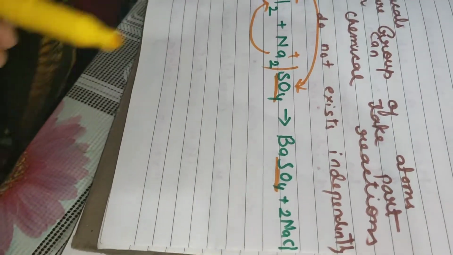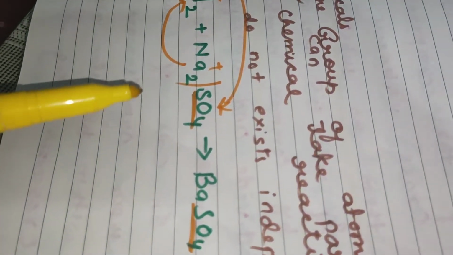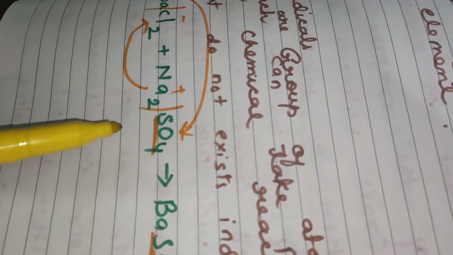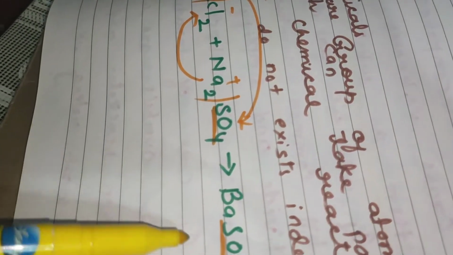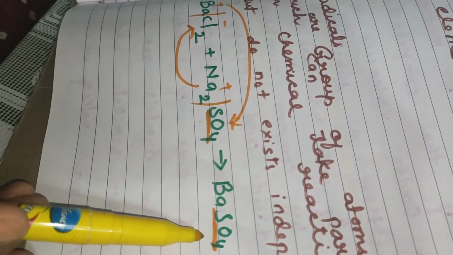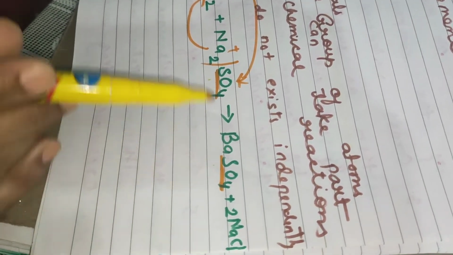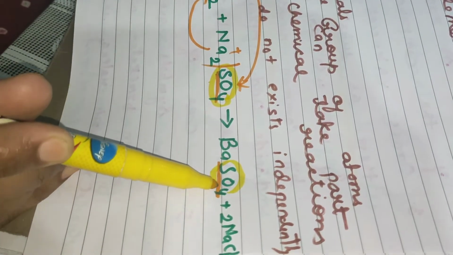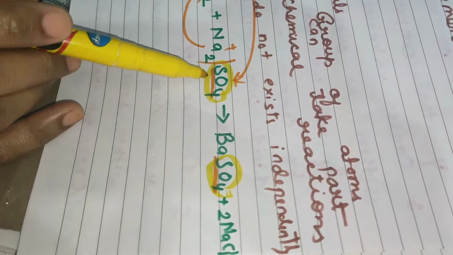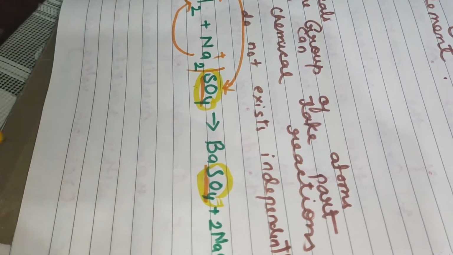Sulfate SO4 is written on the reactant side, but when this sulfate goes towards the product side, it will try to maintain its group of atoms, just like SO4. SO4 is present here also and here also. So these are known as radicals.